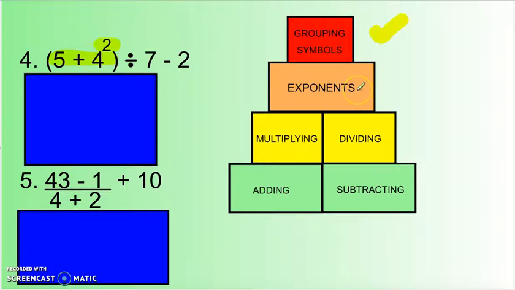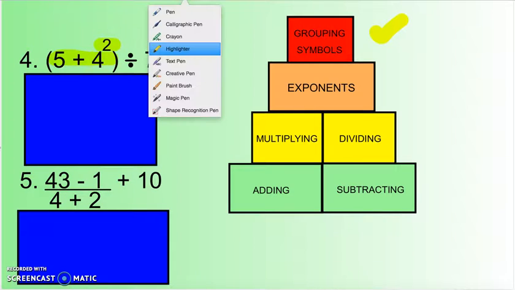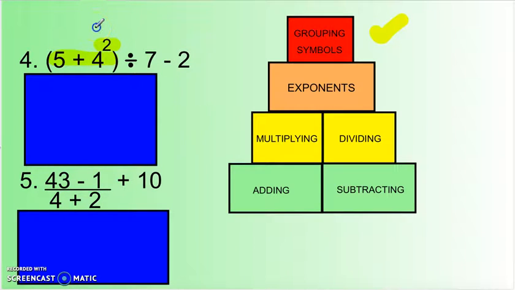Are there any exponents? Yes, there's a power here. And so we need to perform that first, 4 to the 2nd power. 4 times 4 is 16. And so I can write that on top. And that means that is done.